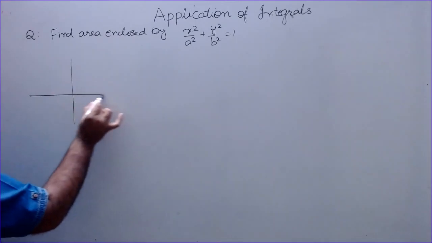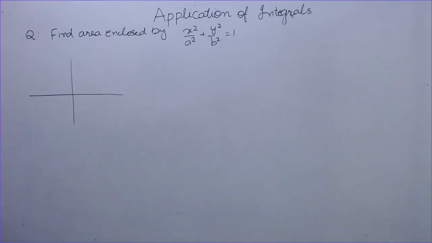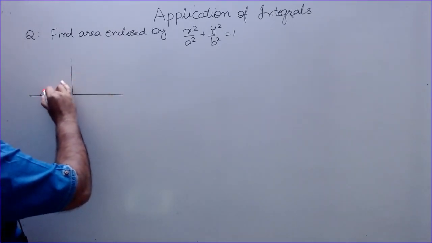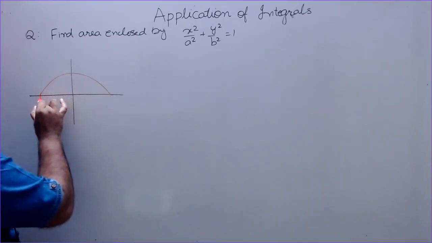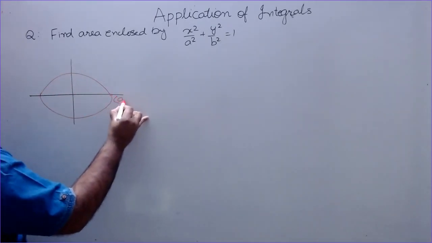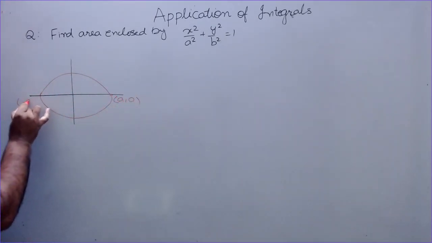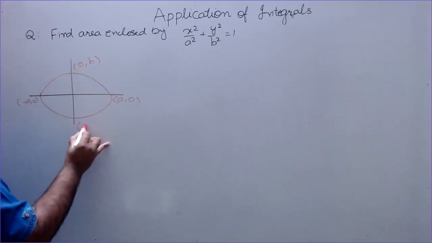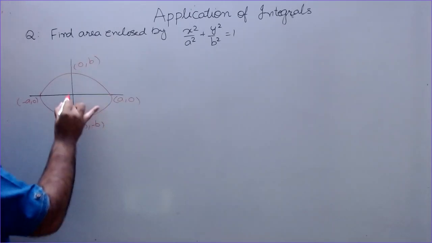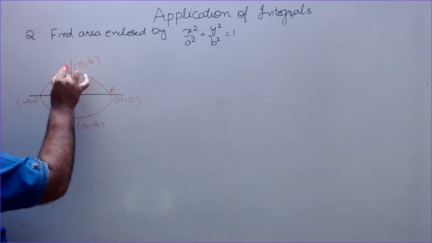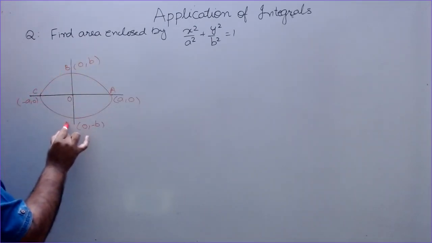First of all, let me draw the curve. This is the major axis, and the minor axis. A 0, minus a 0, 0 b, 0 minus b. O is the origin. These points are A, B, C, D.